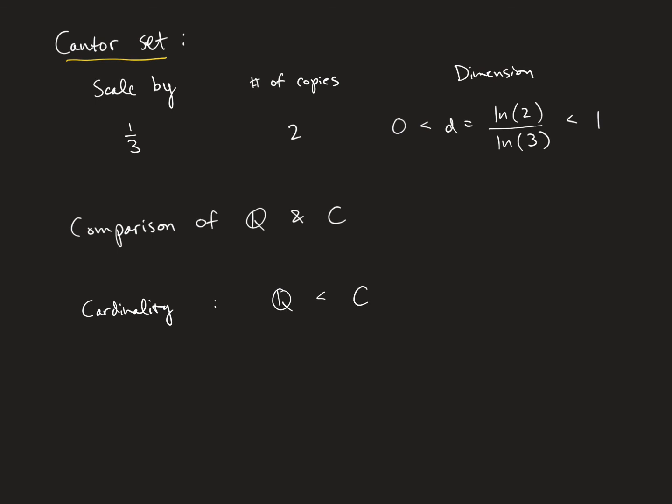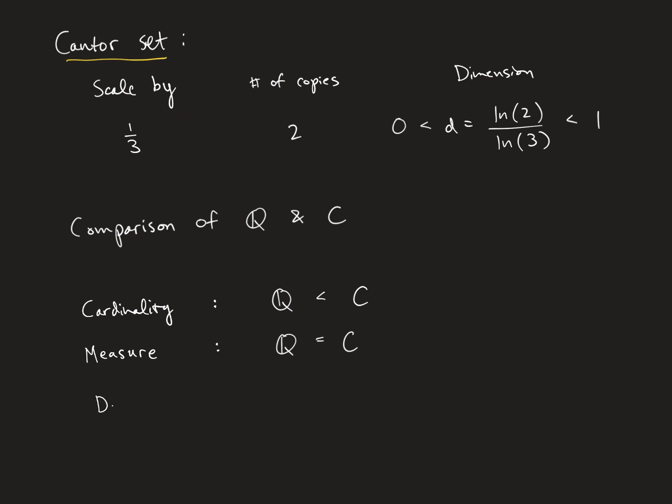Countable versus uncountable. Whereas in terms of what's called measure theory, and this would be the length or the size, sort of intuitively, they're actually equal. So the rational numbers and the Cantor set both have a size of 0 inside the real numbers.